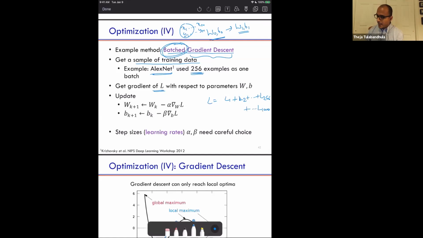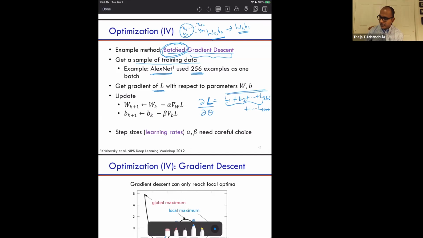Instead of that, I'm going to only find the gradient of L with respect to the parameters, theta here, with respect to only a part of the definition of the loss function.